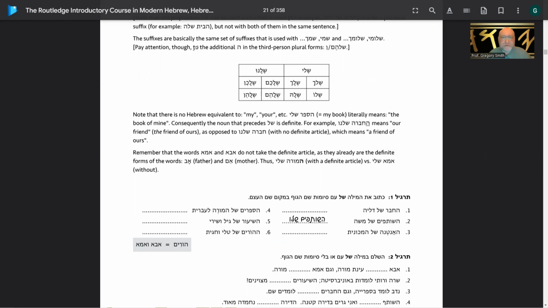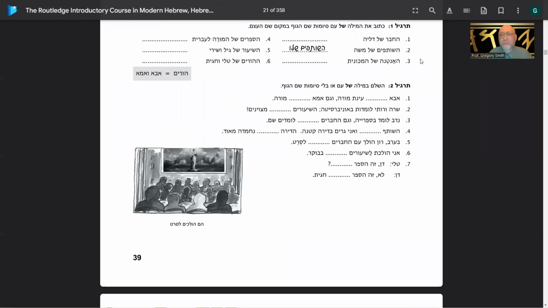Okay. Now what do they want us to do? Let's see here. We have Targil 2, Hashalem, Bamila. Okay, so Hashalem, so Bamila is like, I think the word shall belonging with. Okay.